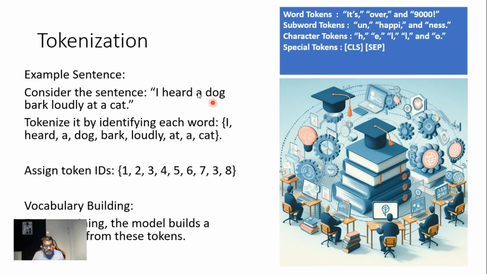This is what is explained in this example. So the tokens have the token IDs. During this, the large language model does the vocabulary building and tries to give the output. This tokenization is a very important step in the large language model.